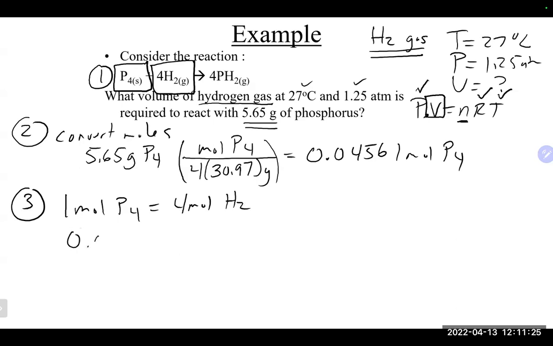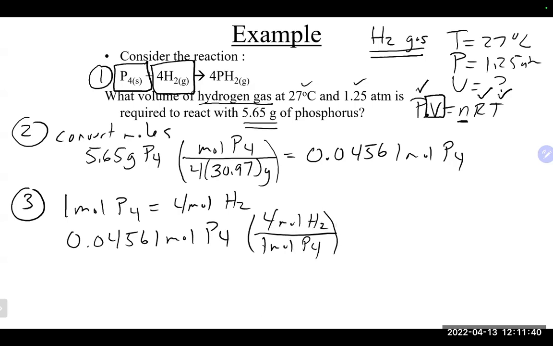We go 0.04561 moles of P4 using our stoichiometry here. 1 mole of P4 on the bottom, 4 moles of H2 up on top, and that will get us, we'll call it, 0.182 moles of H2, which is the missing piece that I need up here for the ideal gas law.